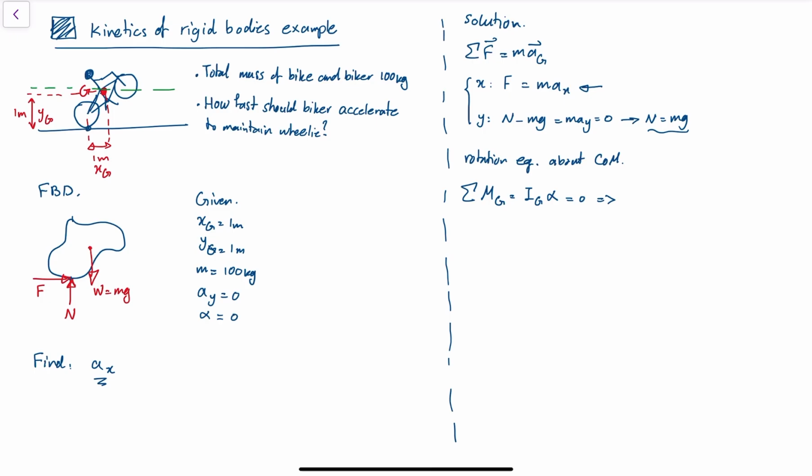And sum of moments about G is, if this is X, this is Y, and that is your positive rotation, in 2D you can write, so I'm writing equations about this center of mass point G. F times YG, the height of that, it is in my positive direction, minus N times xg equals 0.